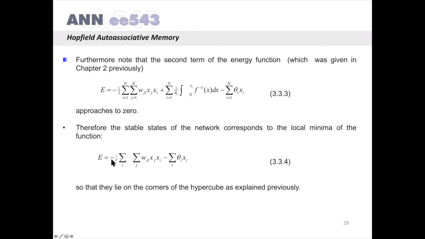At the end, we are multiplying by -1/2. And for this last term, these are the theta values of each neuron multiplied by the output of the neuron, i is from 1 to n. So that they lie on the corners of the hypercube as explained previously.